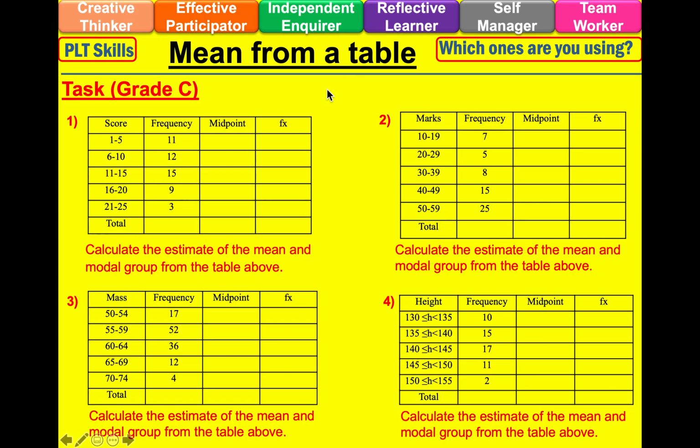Remember, work out the midpoint: midpoint of 1 to 5, midpoint of 6 to 10, 11 to 15, and all of them. f of x is basically frequency multiplied by midpoint, and then you add this column, and you divide this by this. If you struggle with this, go back over the video and have a look at the first question, how it's been done.